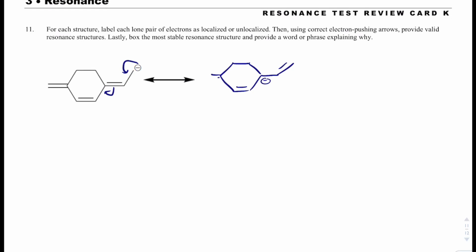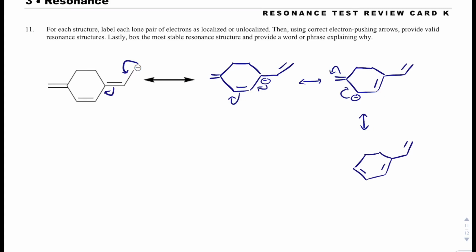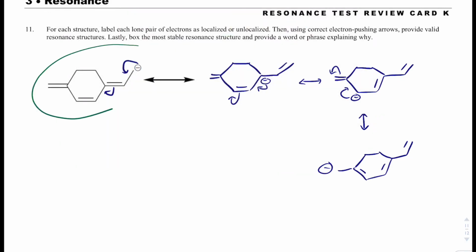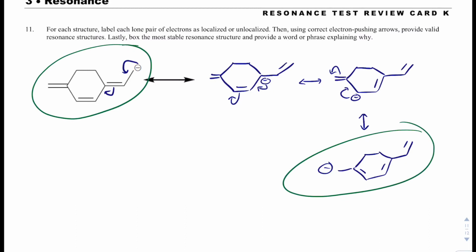And actually, as I think forward to this, our last resonance structure will also be the most stable because of that. Okay, so those two resonance structures are the most stable because they put the negative charge on the least substituted carbon.